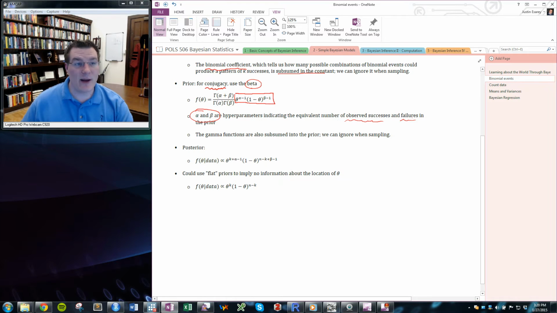So, for example, I might have prior beliefs about the probability that I flip a coin and it comes up heads that are based on all the coins that I've seen up to this point, or maybe just my beliefs about this particular coin that I developed somehow. And if I believed that this coin was fair, I might say alpha is 5 and beta is 5, which would indicate that I have prior beliefs that are centered on an equally probable outcome.